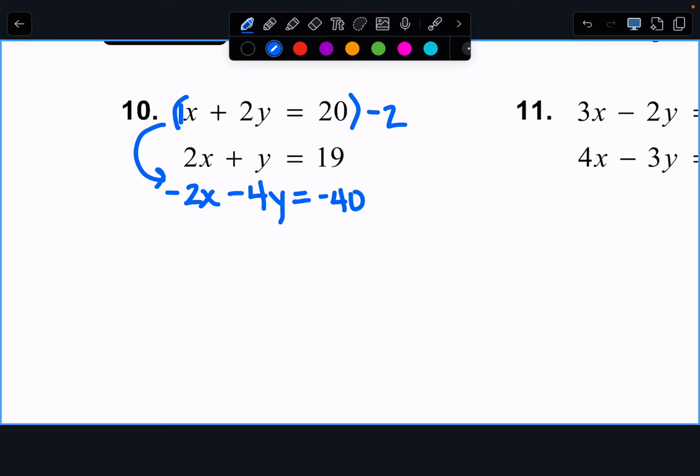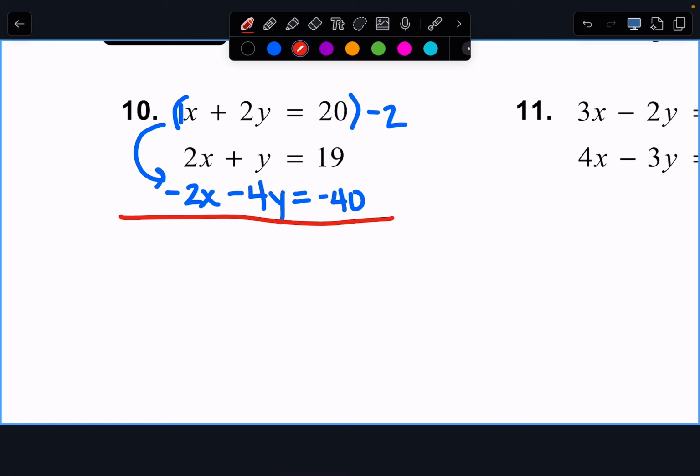Please make sure that that negative 2 goes to all 3 terms. Why do you think I rewrote it right there? So we can add them together. Notice how I stacked them, where the x's are together, the y's are together, etc.